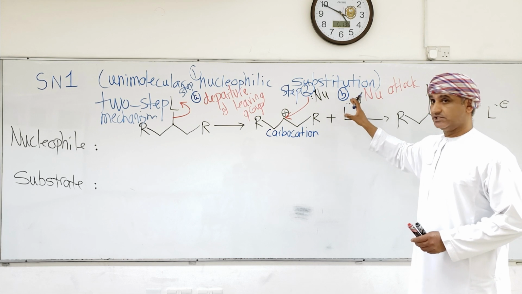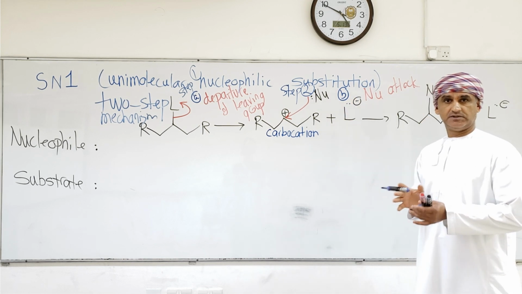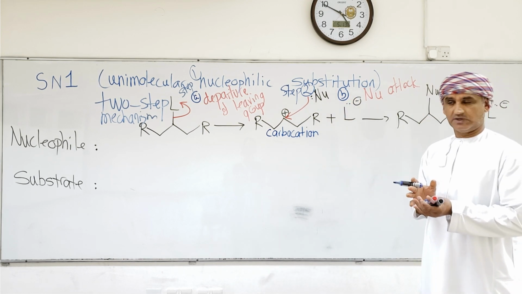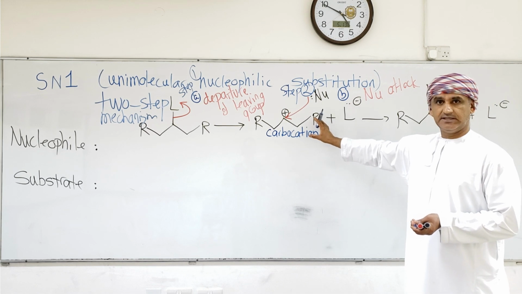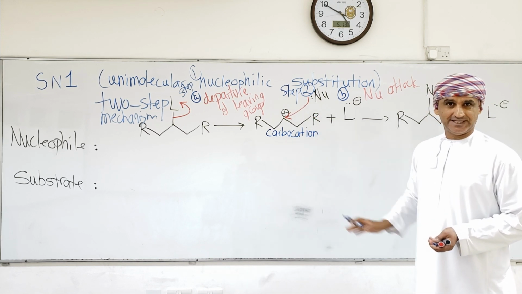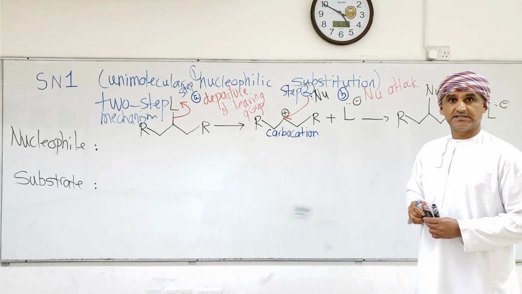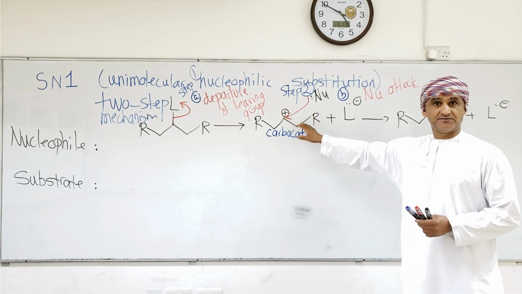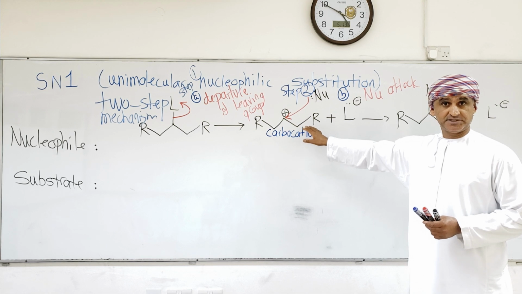So should the nucleophile be strong? Well, for us to answer that question, we need to look at the electrophile. The electrophile here is a carbocation intermediate, which already has an isolated positive charge.